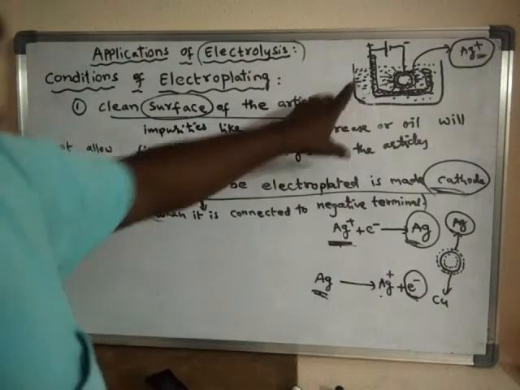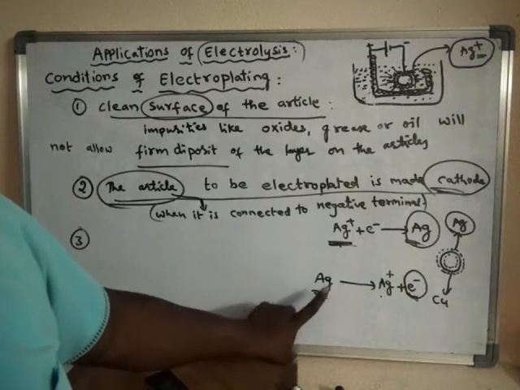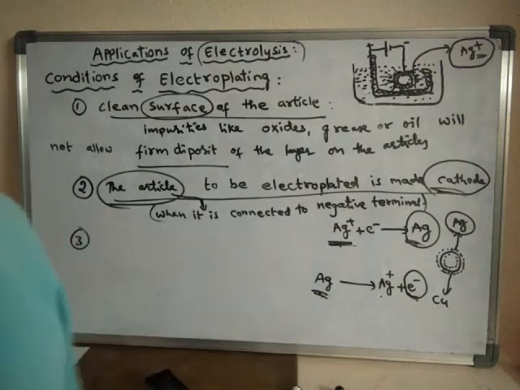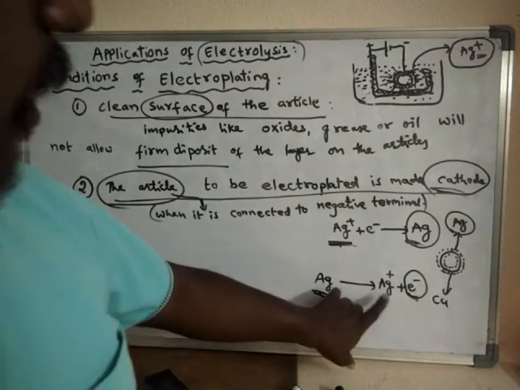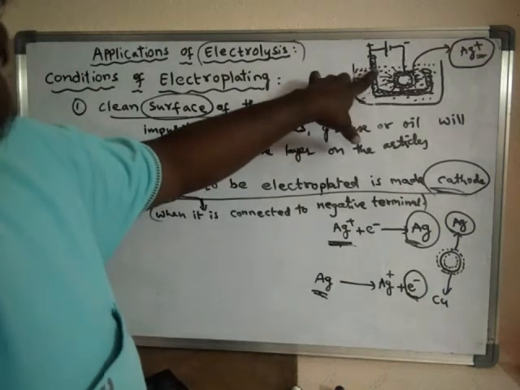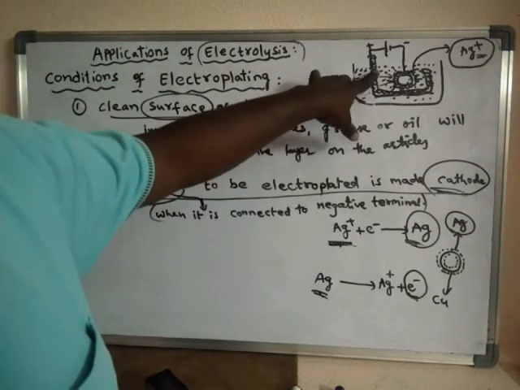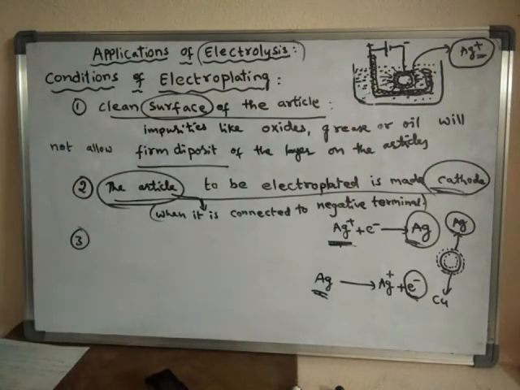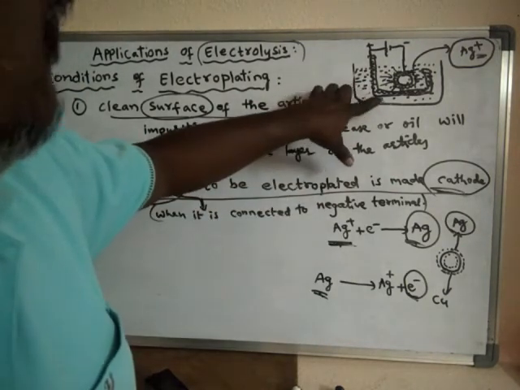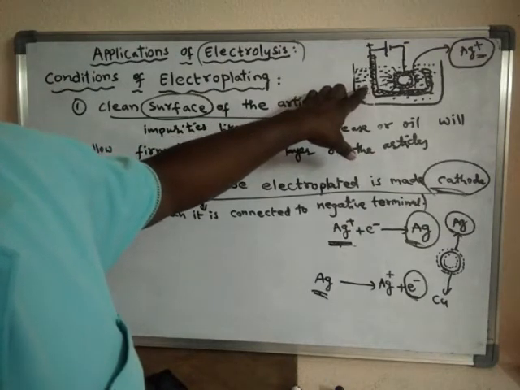They cannot stay on the metal, because silver is a metal, but a silver ion is not a metal. It's a metal ion, but not a metal. So it will leave the silver metal surface, the anode, and enter into the solution.